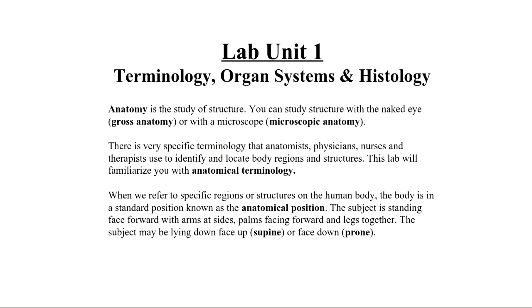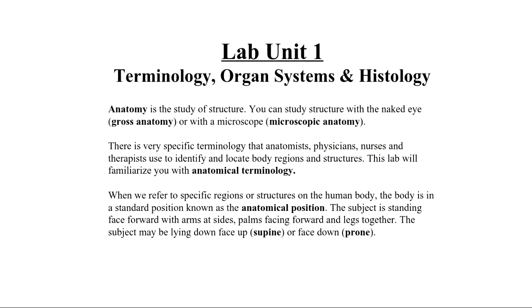There are primarily three categories of material that you want to be able to identify. The first is terminology, meaning understanding anatomical terms and being able to provide definitions and meanings for them. So I'll go over that. Then we're going to look at all the different organs and organ systems.